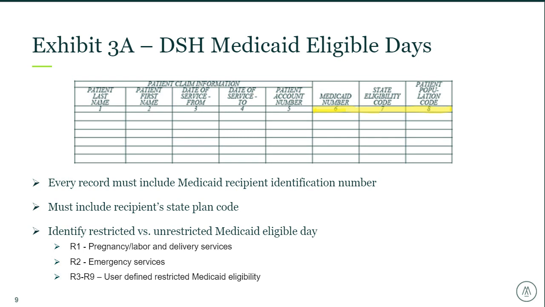CMS then gives the hospital R3 through R9 to define any other restricted Medicaid eligibility codes, and you're supposed to define those codes in column 18. In the same way, if the code is unrestricted, you're to enter code U1 for general and use code U2 through U9 for user-defined unrestricted Medicaid eligibility codes. Again, provide those definitions in column 18.